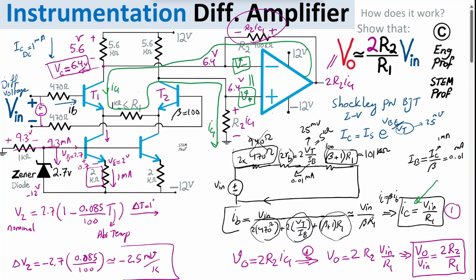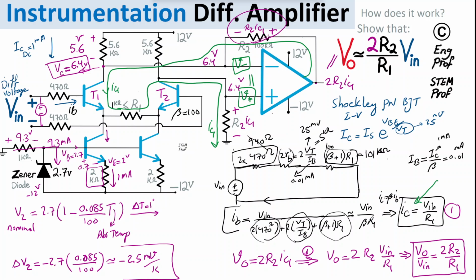The part that I mentioned, that the current cannot go through the 5.6 kilo ohm, is because this is an op amp that is enforcing the virtual short between the two input terminals, as I mentioned. So the voltages have to be equal to each other. Now, if I go back, the current is a differential current.